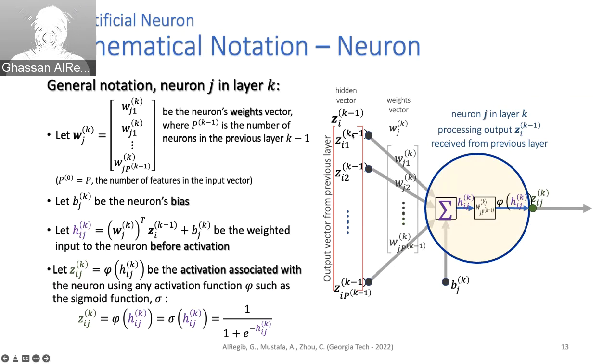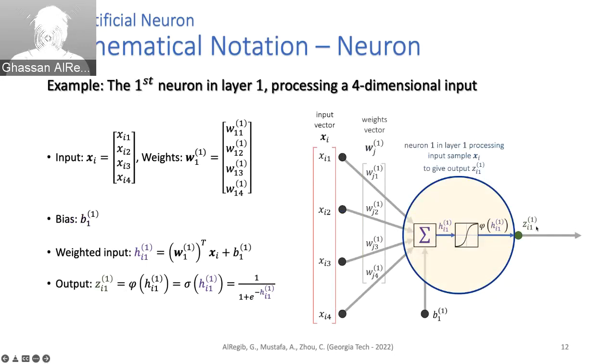Now, we look at the input in here. The input is not really the input of the data, not the input of the whole network, which is x_i. In here, it happens to be the outputs from the previous layers, right? Remember what the outputs from the previous layers were? The output of a neuron is z_i1.